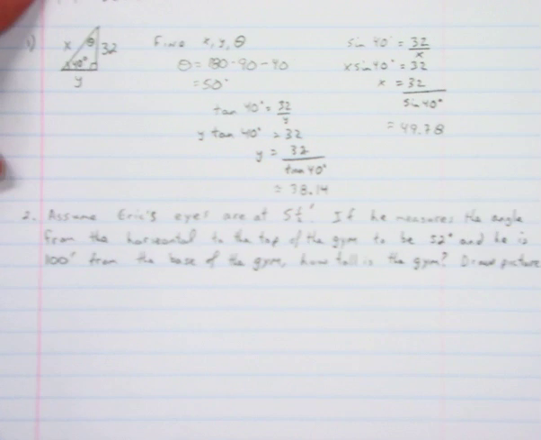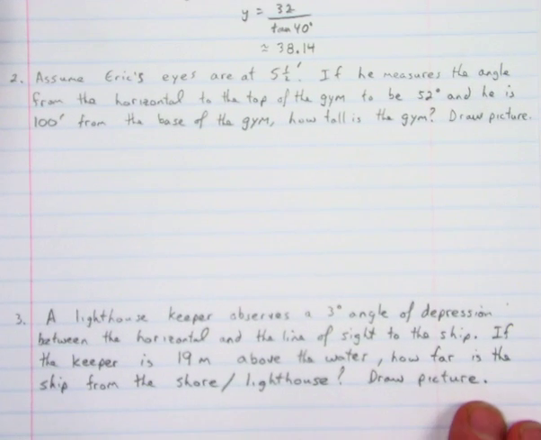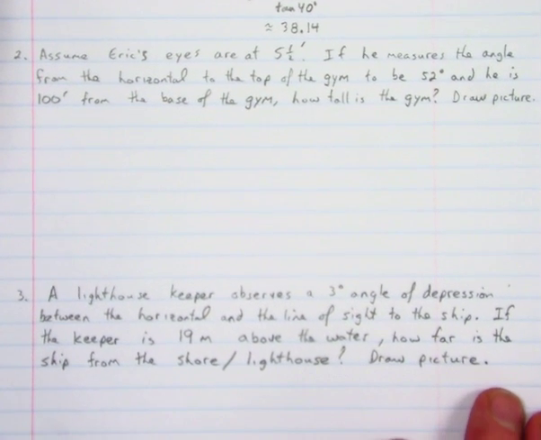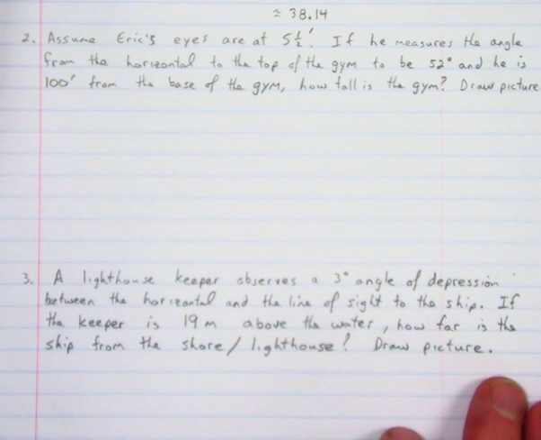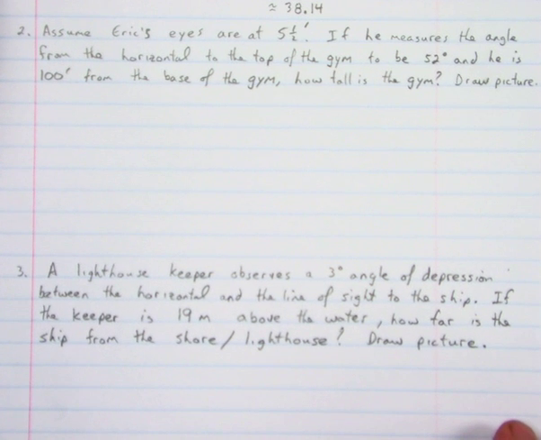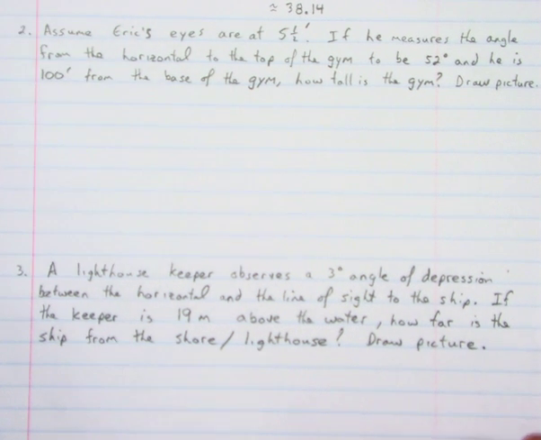Now let's look at the next one. Assume Eric's eyes are at 5.5 feet. If he measures the angle from the horizontal to the top of the gym to be 52 degrees, and he's 100 feet from the base of the gym, how tall is the gym? Draw a picture.